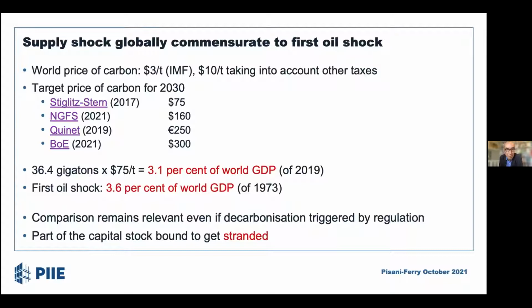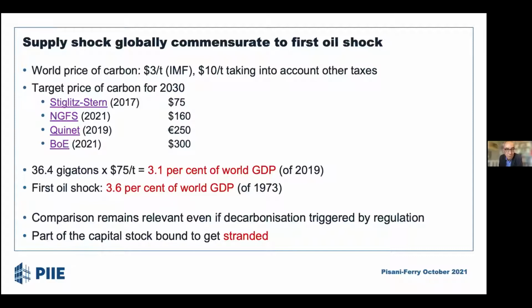And this is to be compared to the target price for carbon, for which we have different estimates. We have the Stiglitz-Stern one, $75, and then much higher ones by the NGFS, by the Quinet Commission in France, by the Bank of England, which are basically shadow prices derived from the quantity target and estimating what would be the price corresponding to this quantity target.